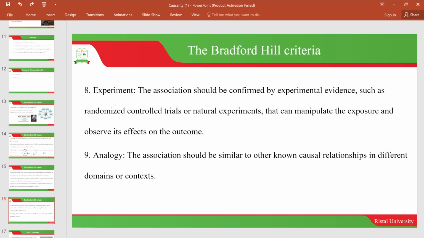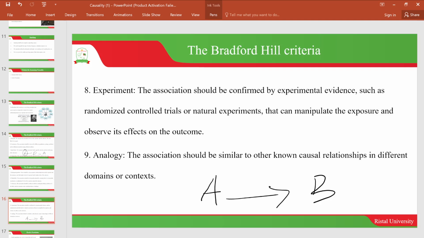If you use this example, if you say A causes B, if there is another factor C that is similar to A, then that C should also lead to something that is also similar to B. Then that is what we call analogy. If there is something like that, then yes, you are likely to be believed.